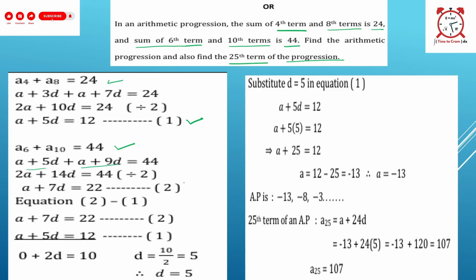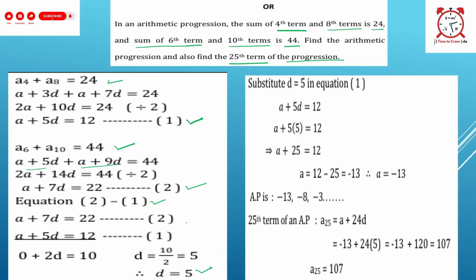Then after simplifying, we will have the second equation in a and d as a plus 7d equal to 22. Now eliminate by subtracting the two equations. So after subtracting, we will get the value d equal to 5.